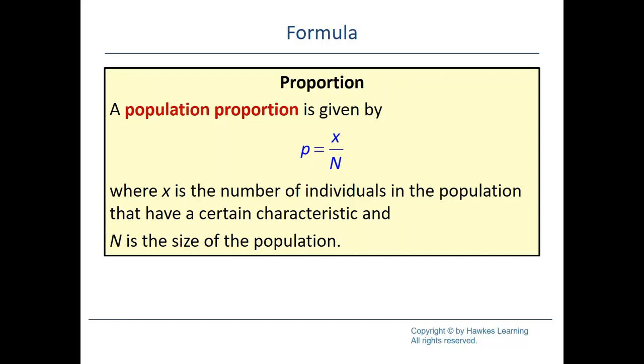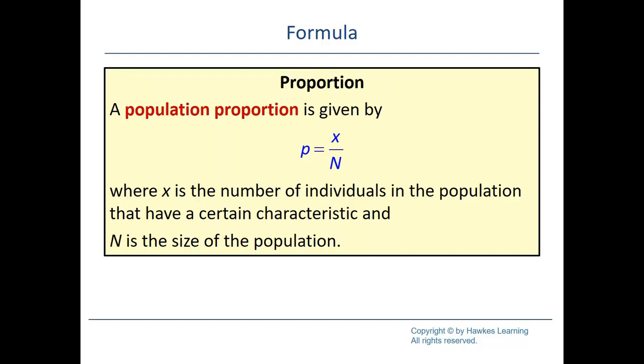Now with most word problems, we normally give this as a percentage. It's not normally given as a fraction. They'll either say that this many people out of this many in the population meet this requirement, and then you have to create that fraction, or it will be given as a percentage.